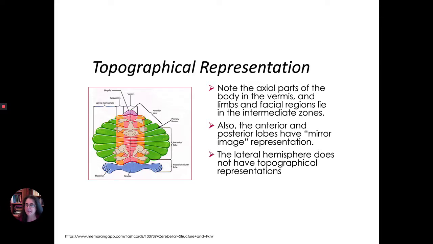However, in both cases, along the vermis is where you're going to see the axial parts of the body once again, and then the hands and feet are going to be controlled largely by those intermediate zones. And there apparently isn't any homunculus in the lateral zones; there doesn't seem to be a topographical representation of the body in those most lateral parts of the cerebellum.